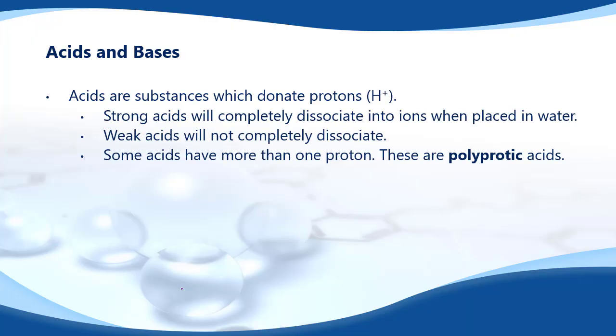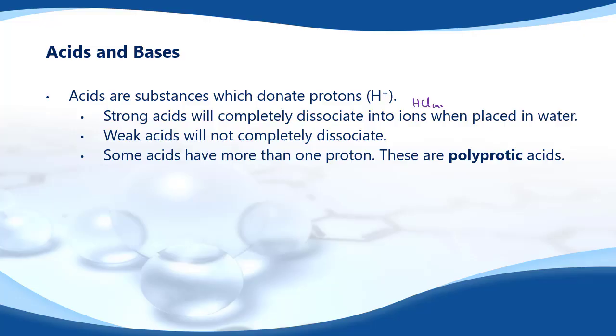Okay, so let's start off with a brief review of what acids and bases are. Again, we're going to be using the Bronsted definition, which is based on protons. Acids are anything that will donate a proton to a base. If your acid or base is strong, it will completely break up into ions when you put it into water. For example, HCl is a strong acid.